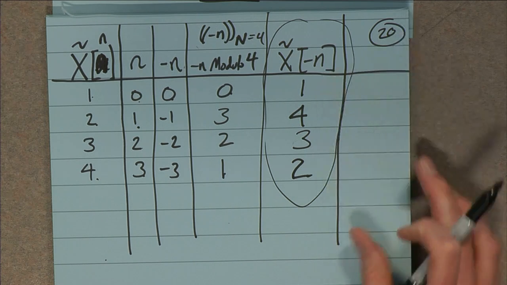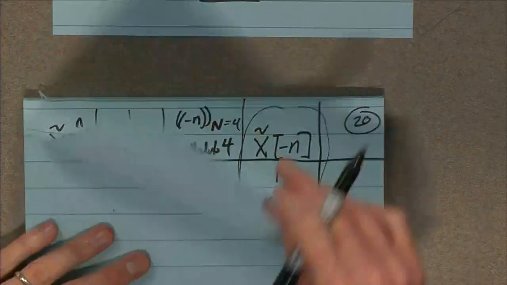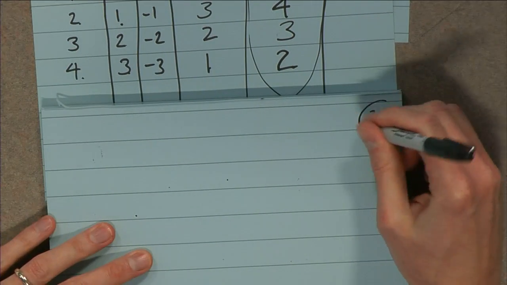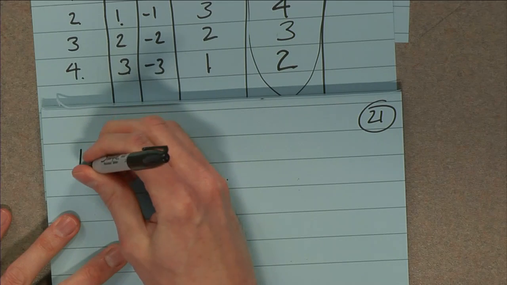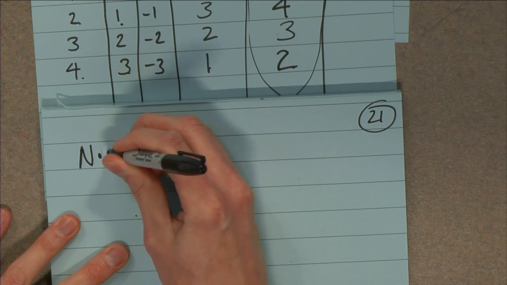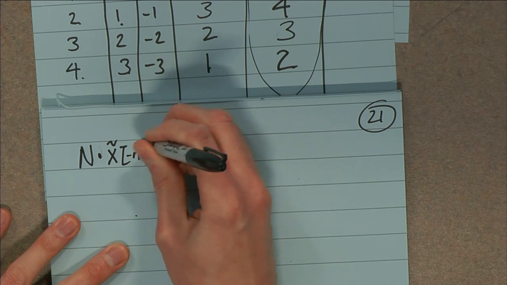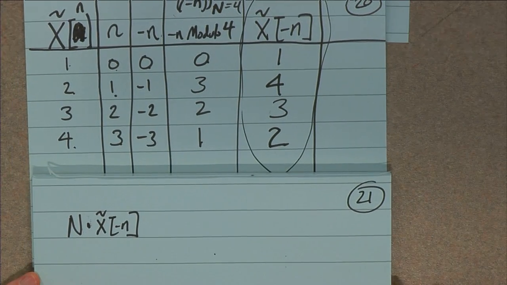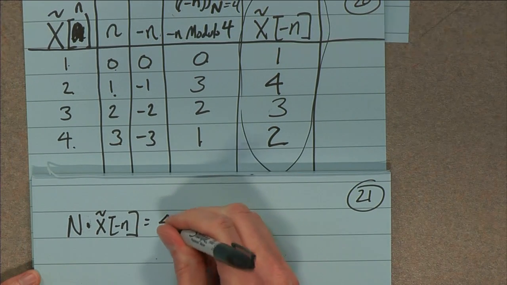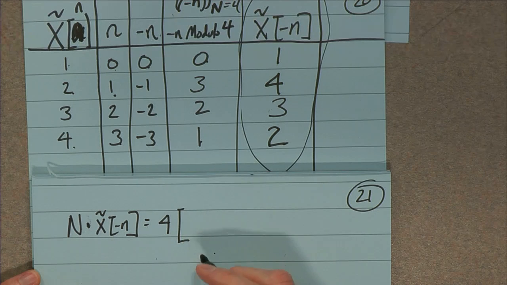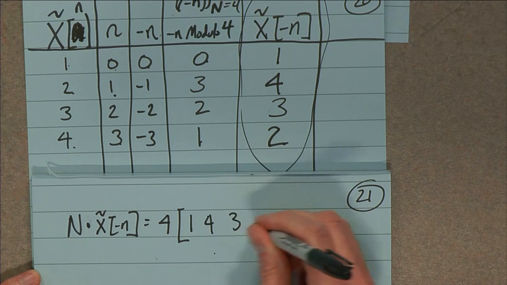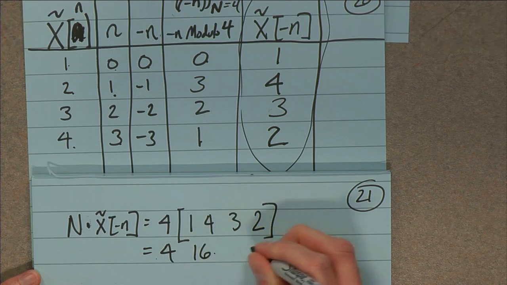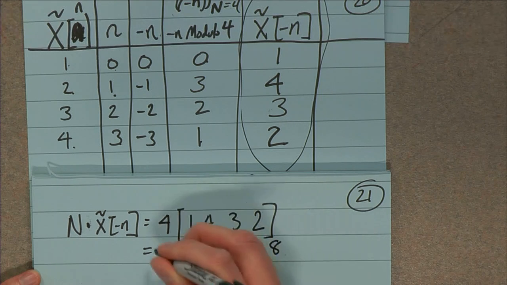So now all we have to do is multiply 4 times that. So n times x tilde of minus n. Let's see, hopefully that's all on there. 4 times what? 1, 4, 3, 2. So that's what? 4, 16, 12, 8.